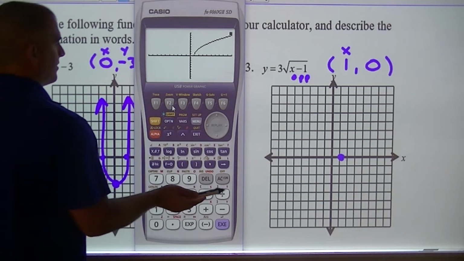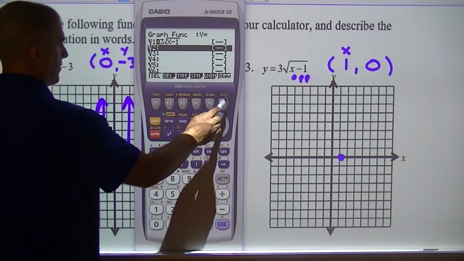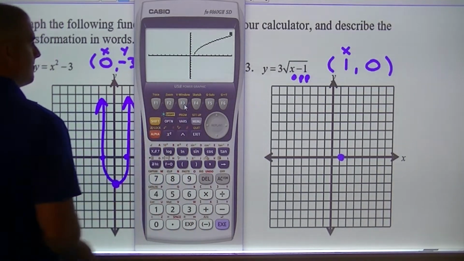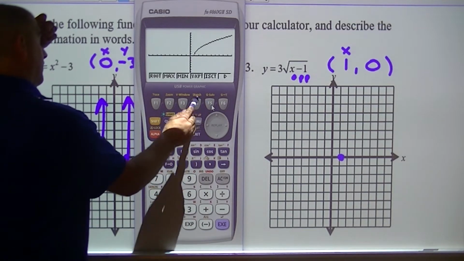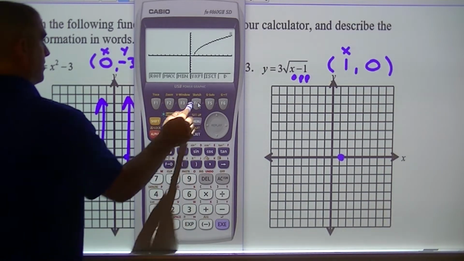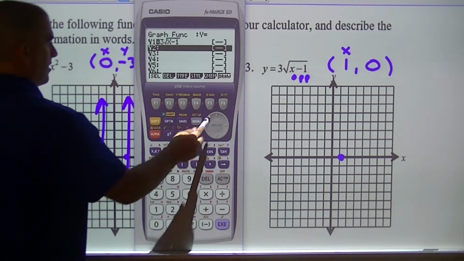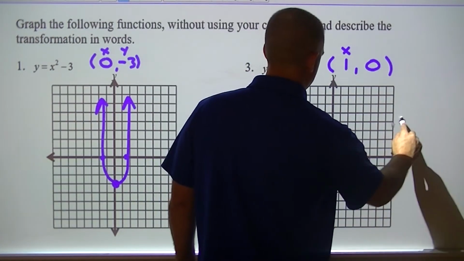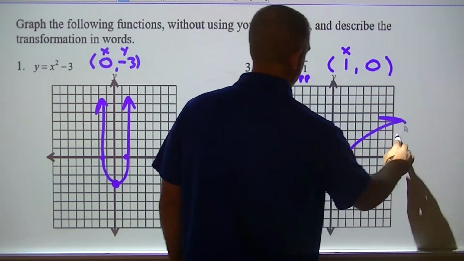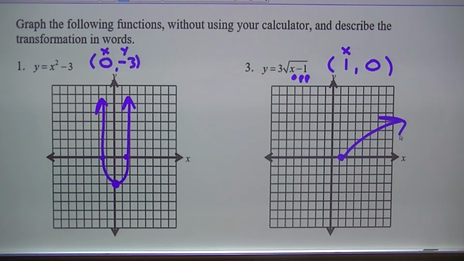GSolve max, doesn't have one, so I have to redraw it. GSolve min, doesn't have it. GSolve y-intercept, doesn't have it. So that's my picture. Pretty simple. I just go ahead and draw my shape. It's a little ray there.